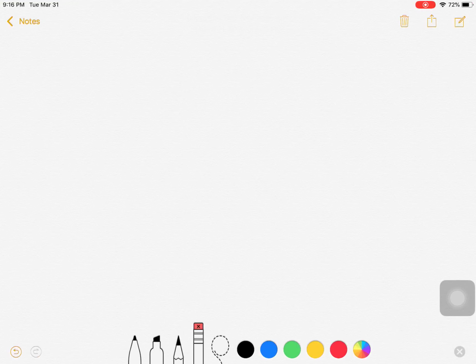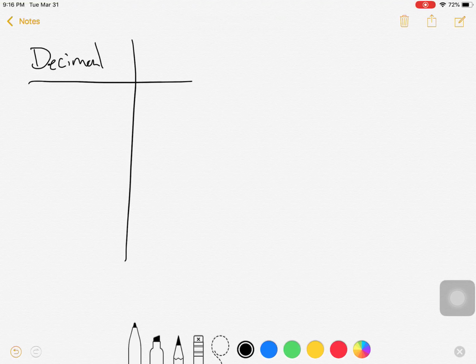So the first thing we're going to do is compare binary to a numbering system that we're used to. The numbering system we normally use is called decimal, and we're going to compare that to binary. The first thing to look at is the words themselves. In decimal, we see this dec or deci prefix, which means 10.